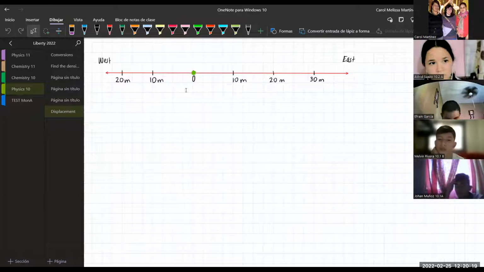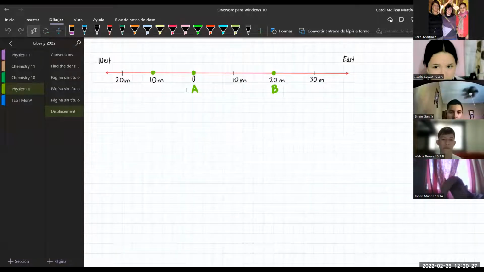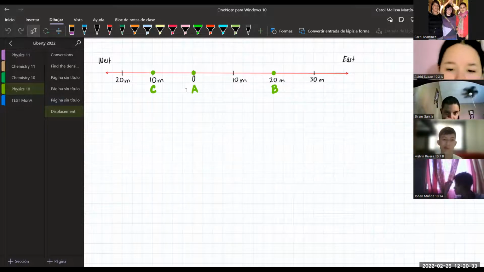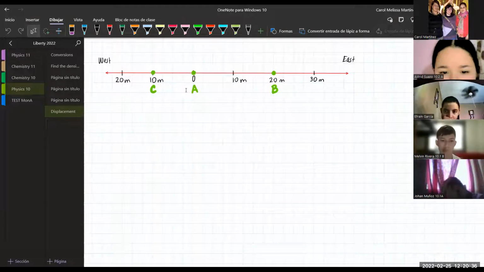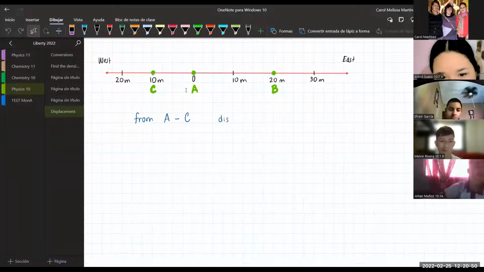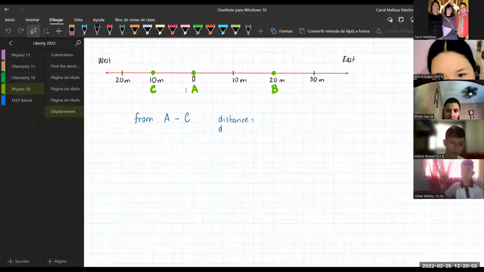This is my point A. This is my point B. This is my point C. Imagine that a person needs to walk from A to C. What is the distance from A to C? 10 meters. Okay, the distance is 10 meters.